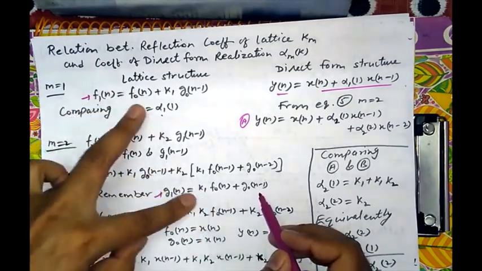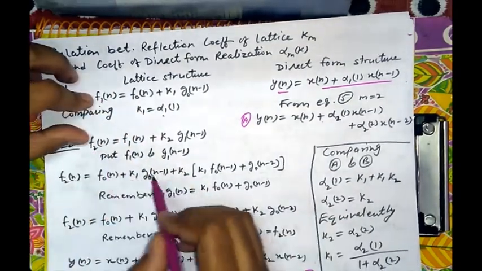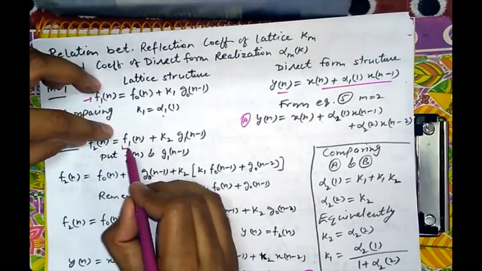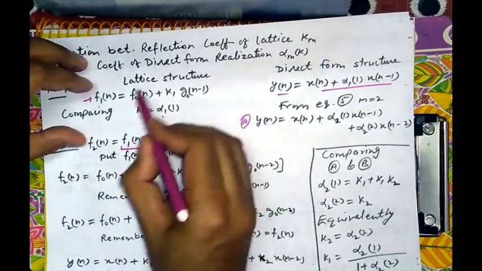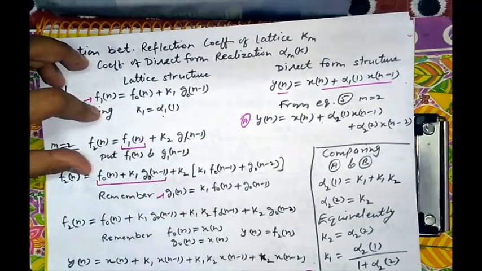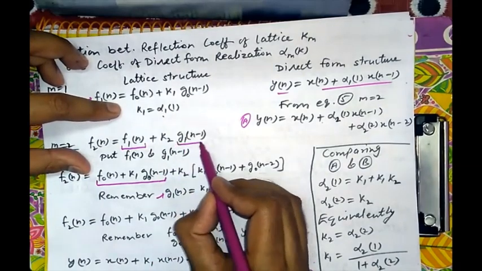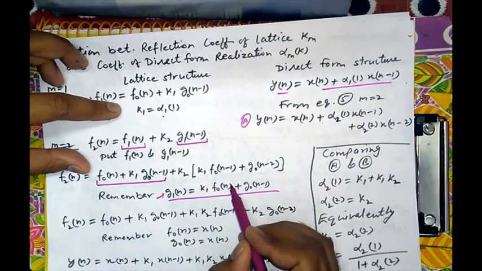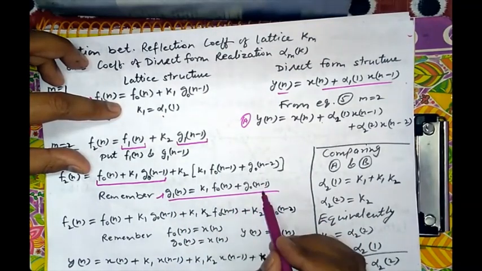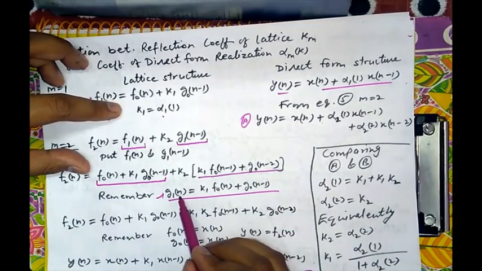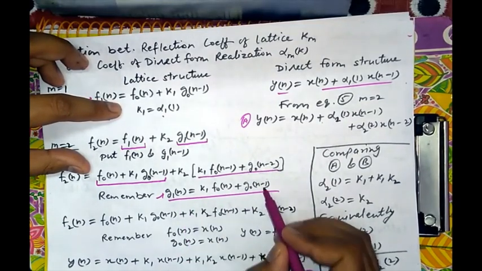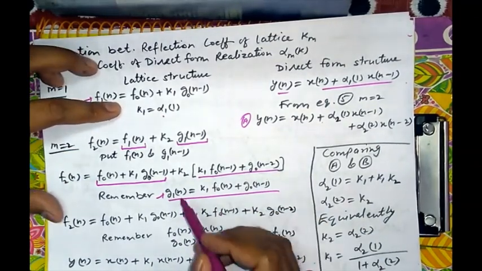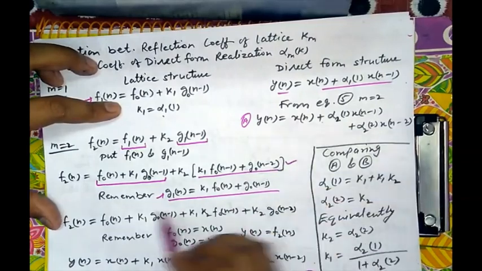So using these two values we can put in f2(n). Put f1(n) from the earlier equation, and g1(n-1) from here. n-1 corresponds to n-2, because n is delayed and the value is the same. Now further we will solve this equation.